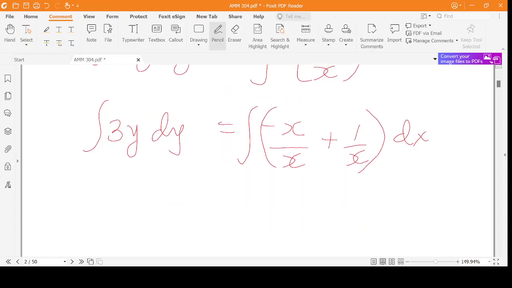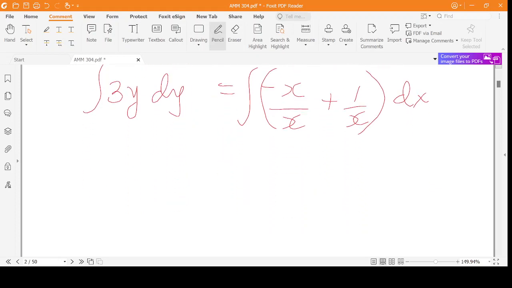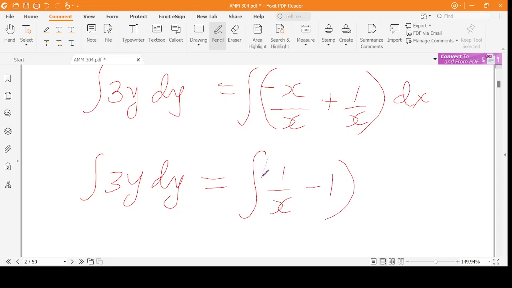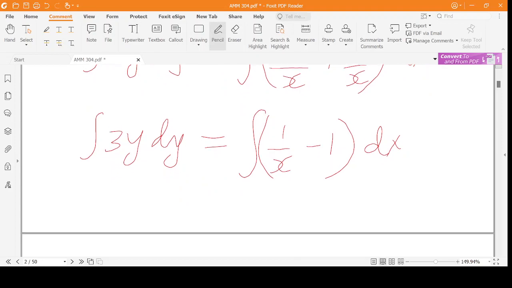Now I'll have the integral of 3y dy with respect to y equals the integral. I want to start with this quantity here, then minus x over x is minus 1. So I'll write 1 all over x minus 1, and this one I'll integrate with respect to x.